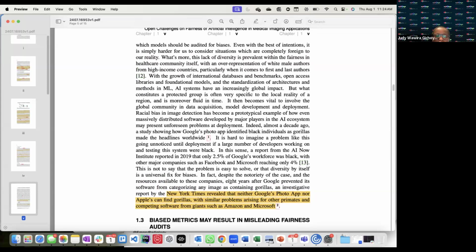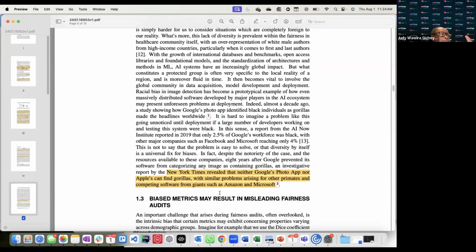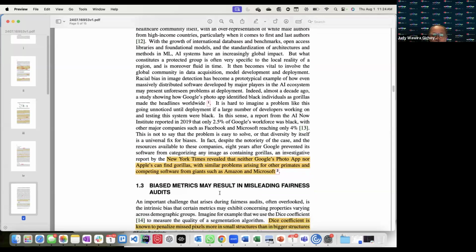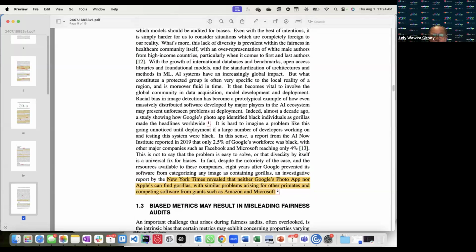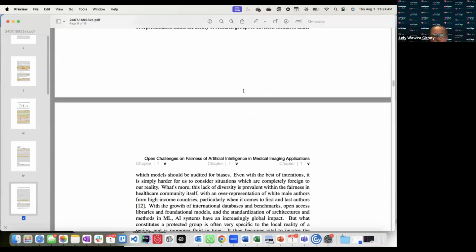If you look at this, 8 years after Google prevented its software from categorizing any image as gorillas, an investigation by the New York Times revealed that neither Google's Photos app nor Apple's can find gorillas, which is the real thing that you wanted to find in the first place. So, a lot of work.